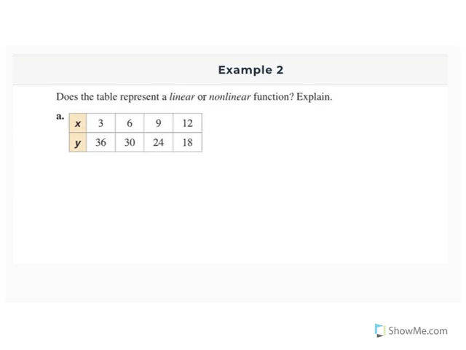It's more difficult as we see different representations. So here we have a table. This is where it matters about that whole rate of change thing. So we need to think, do the x's go up or down by the same amount each time? Well, the x's are going up by adding 3 each time there. That is a constant rate of change for the x's. But the y's also have to have a constant rate of change.